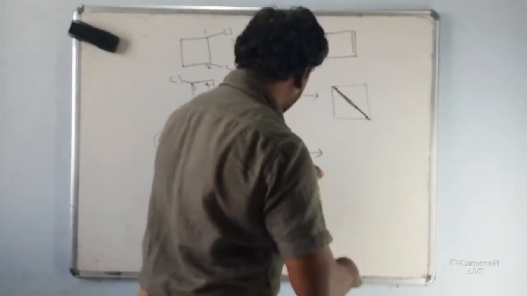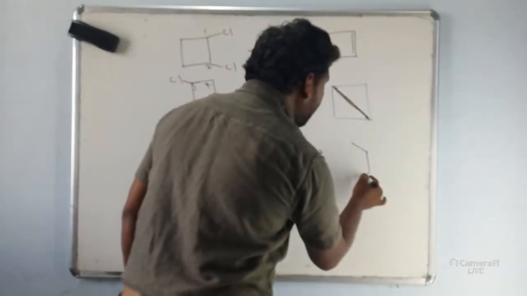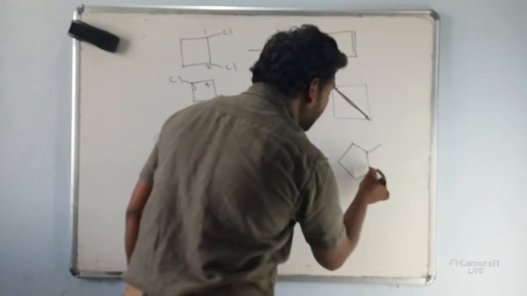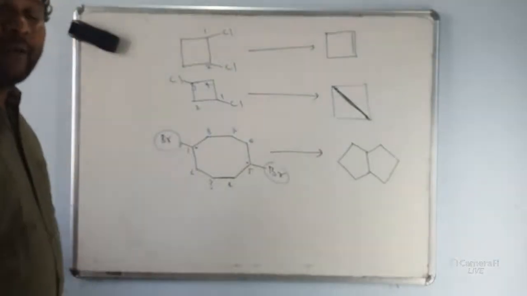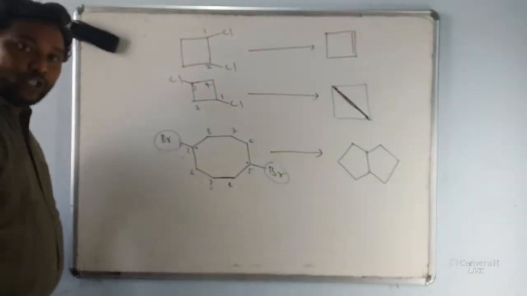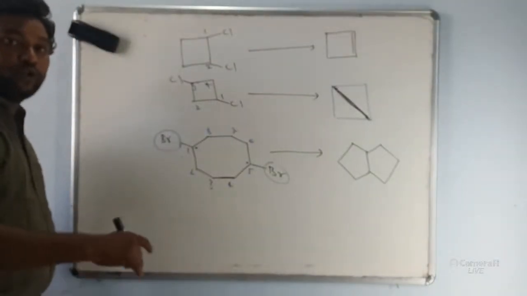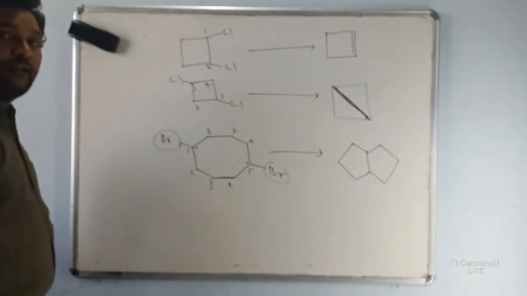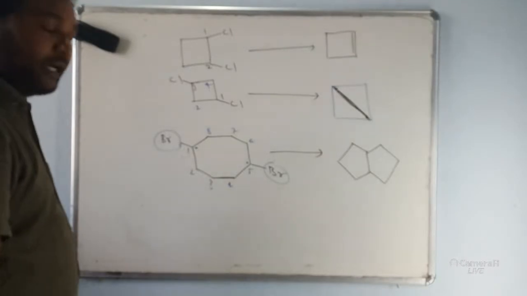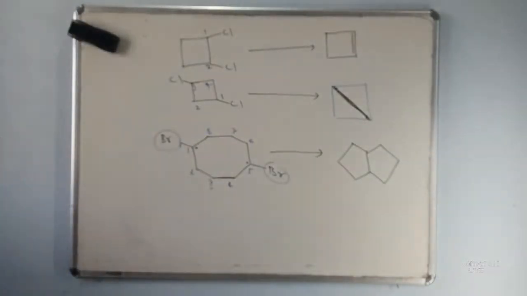So this is the product we are getting: bicyclo[3.3.0], 3 plus 3 is 6, 6 plus 2 is 8, octane. Bicyclo[3.3.0]octane. Please note all this.